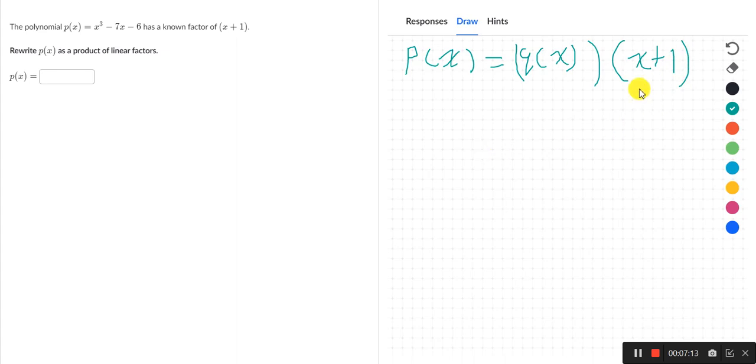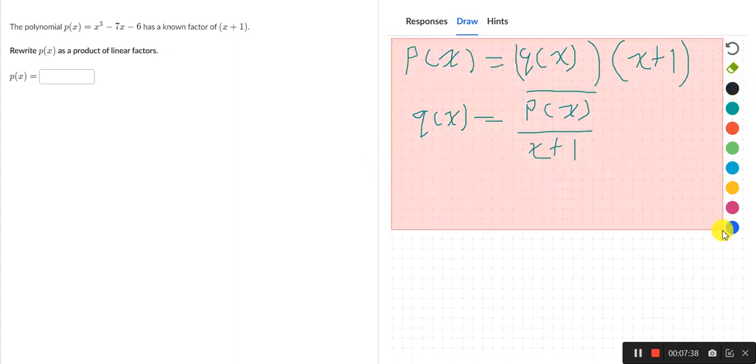So how do you do that? The only way for you to know this is if you divide p of x by x plus 1, and we are going to use long division for this. Let me go ahead and erase that.